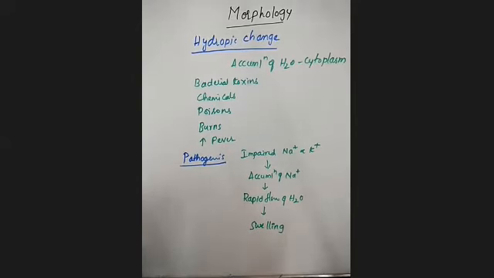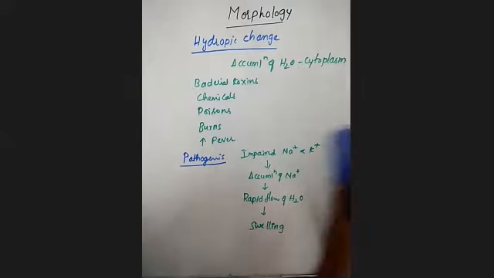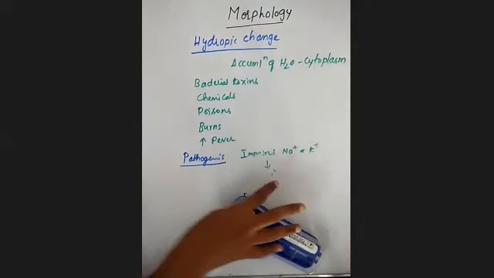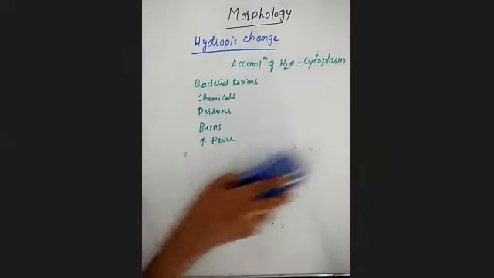Because of all these causes there is impaired regulation of ions within the cell membrane, so the ions present inside the cell are unable to move out, leading to accumulation of sodium ions, followed by rapid flow of water inside the cell, finally leading to swelling. That is the pathogenesis.